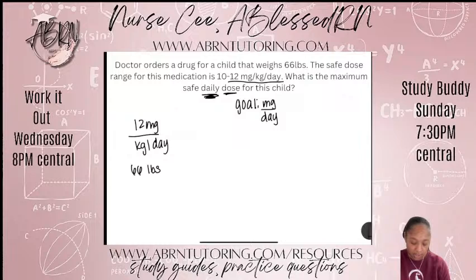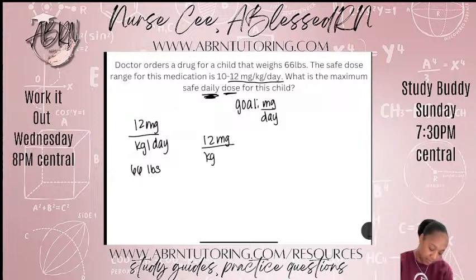Okay. So if we're looking for milligrams, what are we going to start with? Start with what we're looking for, right? So 12 milligrams per kilogram per day. So now we have milligram at the top. We have day at the bottom. But guess what's not a part of the goal?